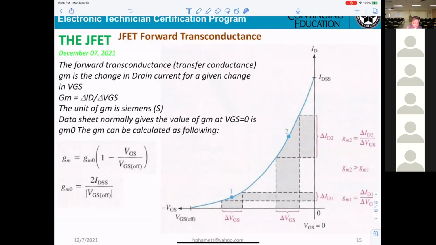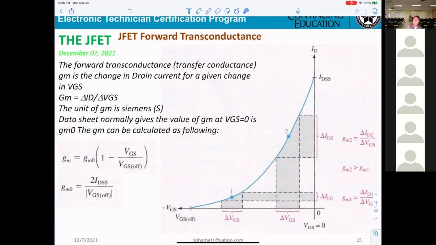The definition for GM is delta ID divided by delta VGS. The unit of the GM is Siemens. The data sheet normally gives the value of GM at VGS equals 0, which we call GM0.